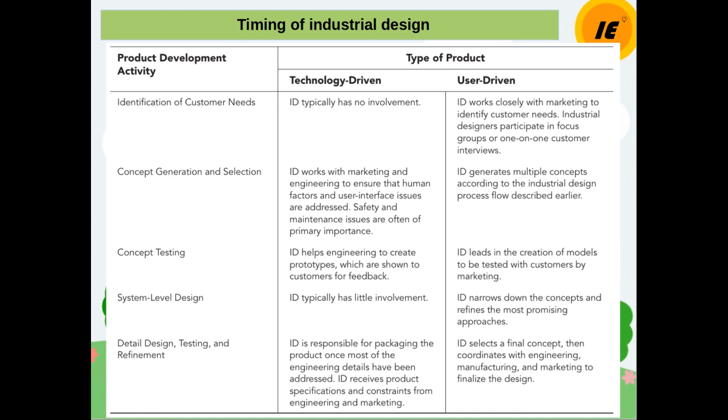The industrial designer receives product specifications and constraints from engineering and marketing. For a user driven product, the industrial designer selects the final concept, then coordinates with engineering, manufacturing, and marketing to finalize the design.